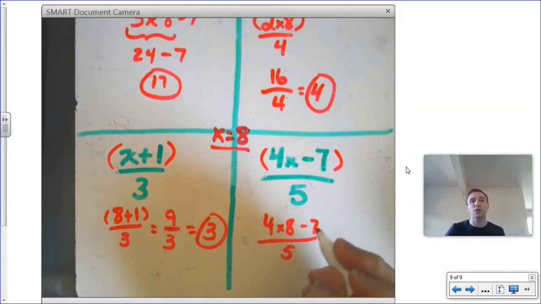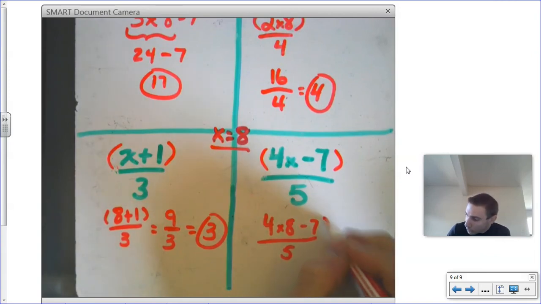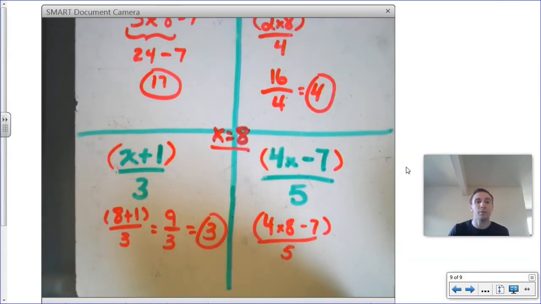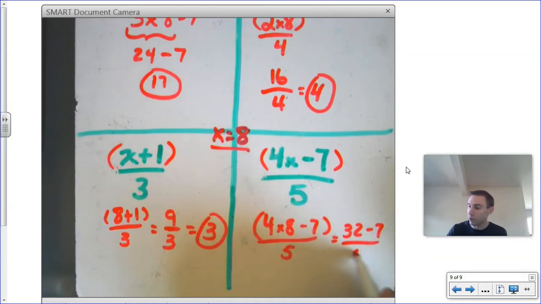And I just use the term all over 5 to tell me that I'm going to be dividing everything that's in my numerator by 5. So when I follow order of operations, remember, I'm still following my grouping symbol. So I'm simplifying that numerator first. 4 times 8 is 32 minus 7. And then I'll divide that by 5.